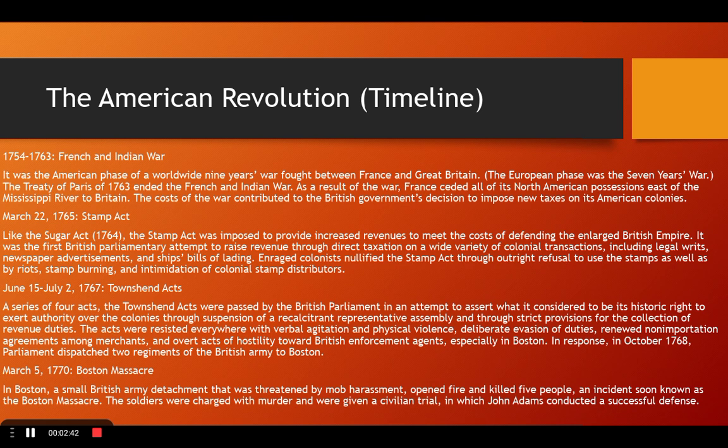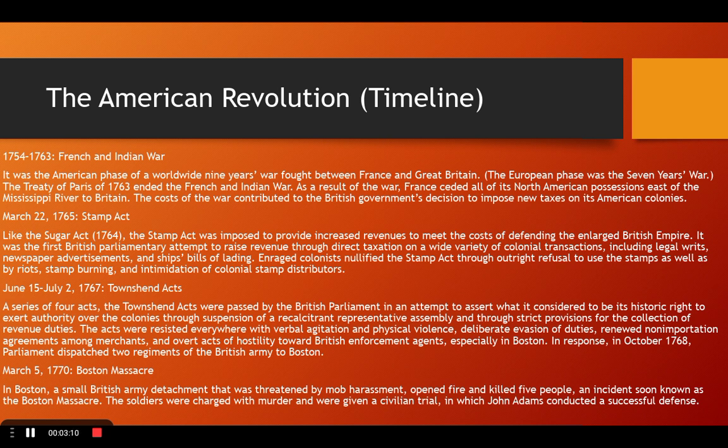The acts were resisted everywhere with verbal agitation and physical violence, deliberate evasion of duties, renewed non-importation agreements among merchants, and overt acts of hostility towards British informant agents, especially in Boston. In response, in October 1768, Parliament dispatched two regiments of the British Army to Boston.